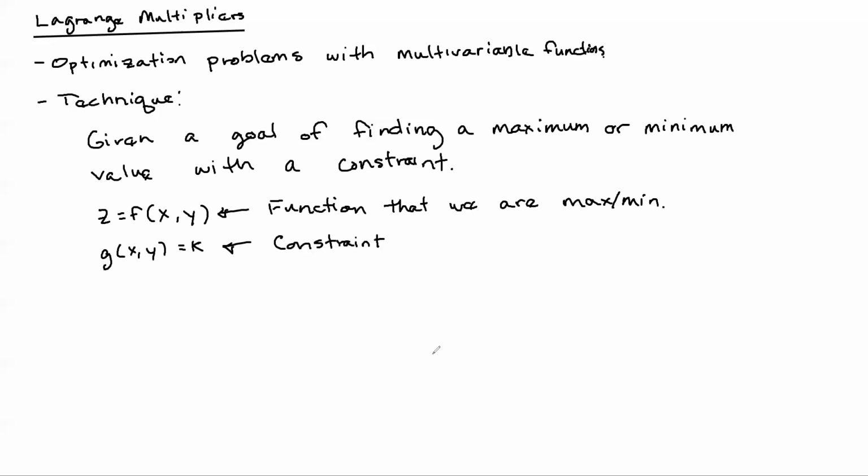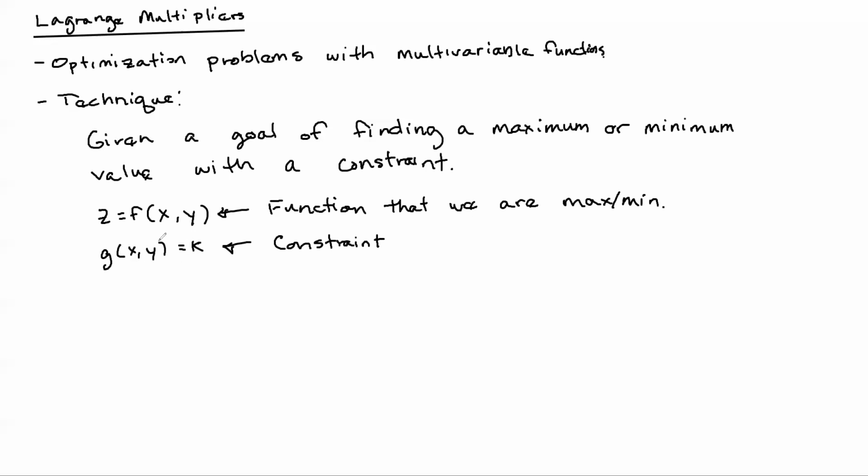So the way that the constraint works is that the points that end up being the solutions to the problem have to satisfy the constraint. So if this were 10 and the function were x squared plus y squared, then you could have x is 1, y is 9. You could have x is the square root of 2, y is the square root of 8.